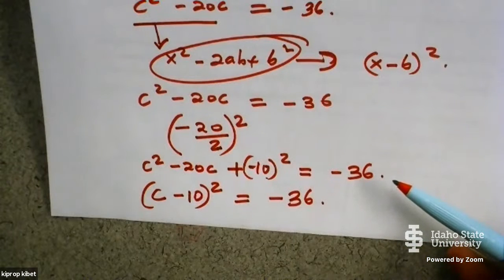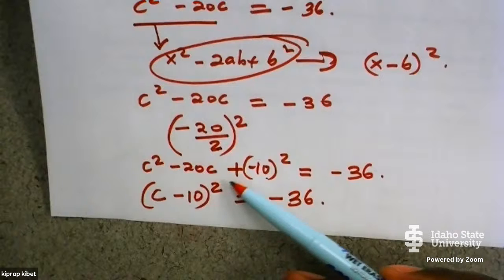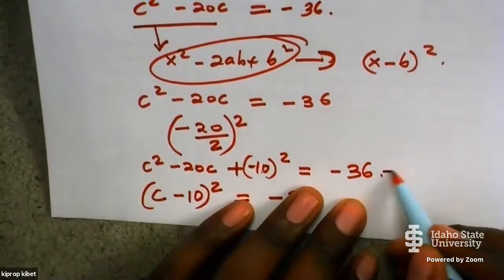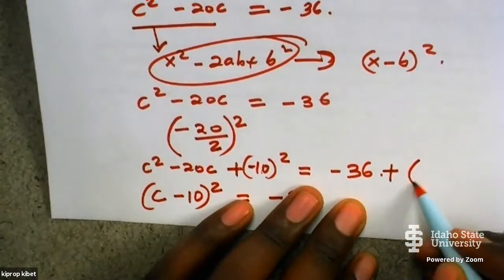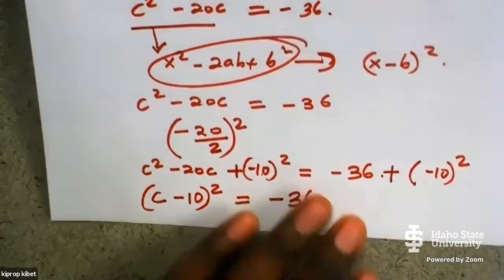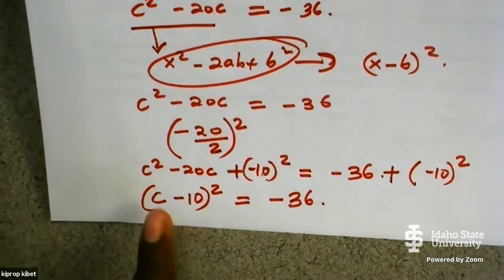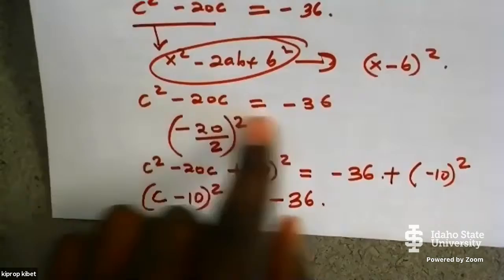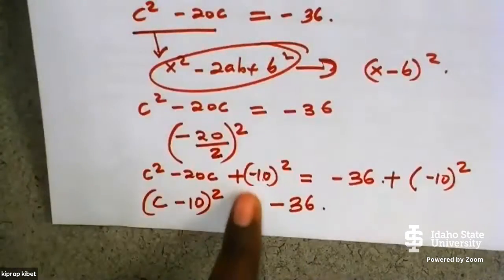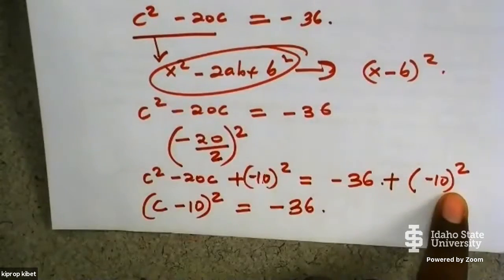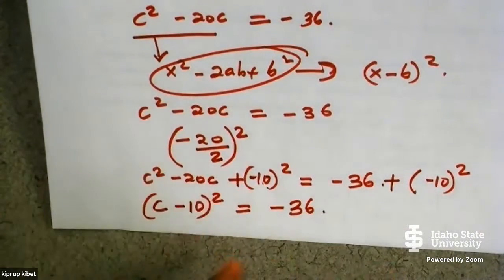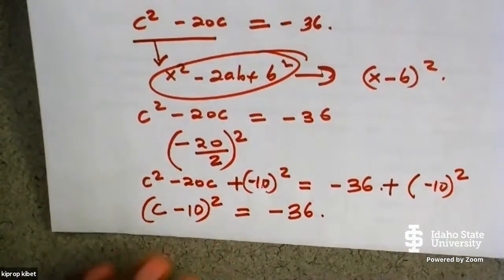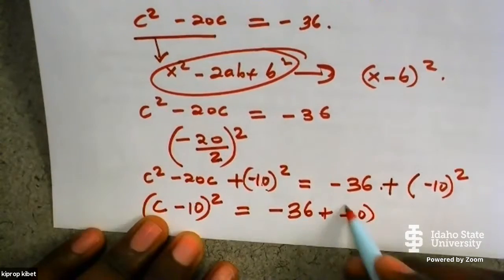So c square minus 20c plus half of that coefficient squared, and on the other side you do the same, plus minus 10 squared. Because when you remove this value, you remain with this one. Since this is an addition, you can remove it by subtracting again.